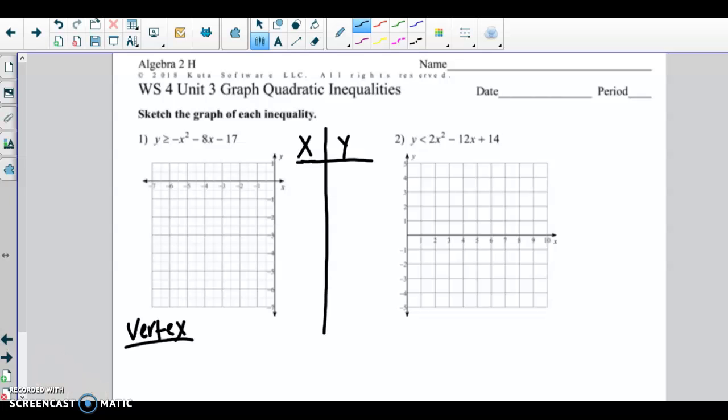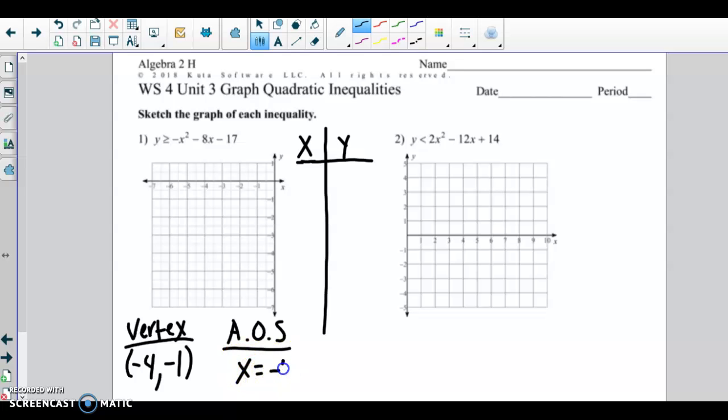If I do negative b over 2a, that's negative 8, so positive 8 divided by negative 2 is negative 4. So my vertex is at negative 4. And then if I plug that in there, I get negative 16 plus 32 is 16 minus 17 is negative 1. So there's my vertex.